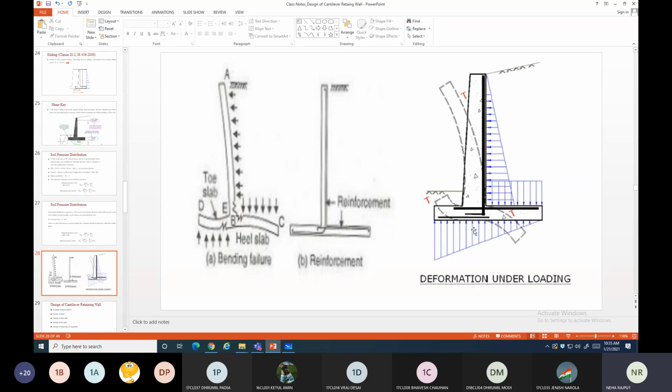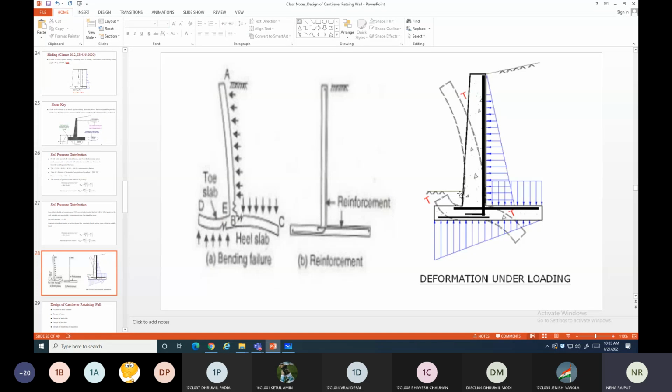This triangle is the uplift pressure diagram. And this T shape is the weight of the retaining wall. So as I explained earlier, the governing forces which will lead to the deformation or instability of retaining wall are the active pressure, then the soil mass, and uplift pressure. And who will resist this? The weight of the retaining wall will resist those forces.